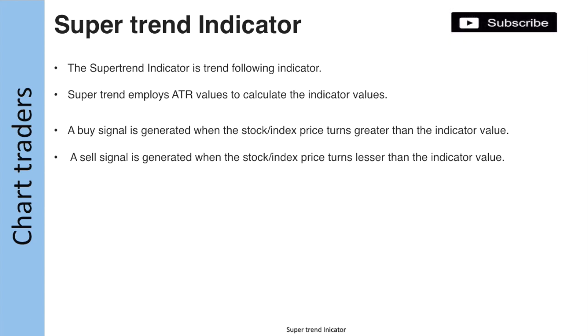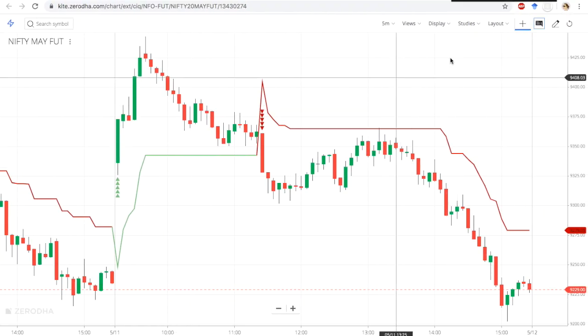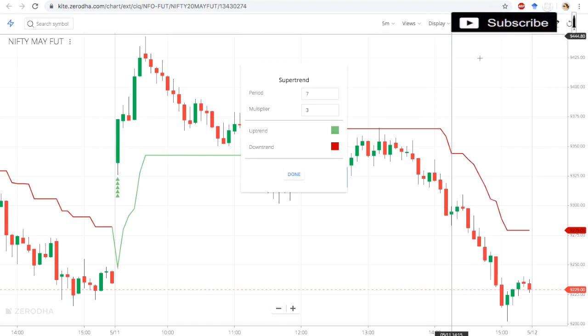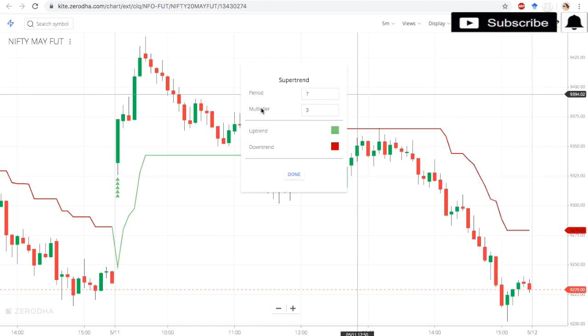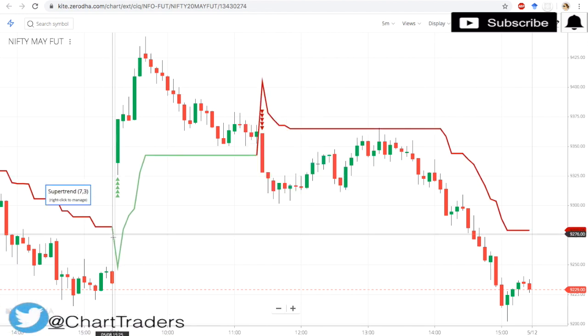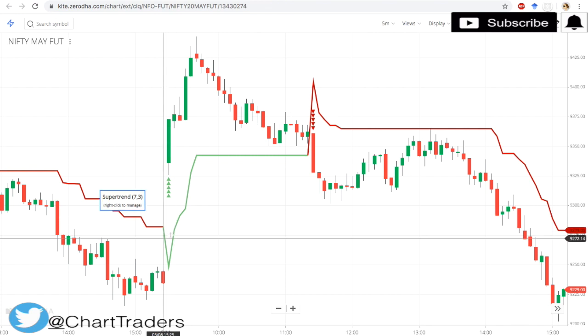So in order to add the Super Trend indicator, I am going to use my Zerodha Kite account. In the Kite account, just add the Super Trend indicator. It provides two parameters, period and multiplier. Now when the price closes above this line, it represents a trend reversal.